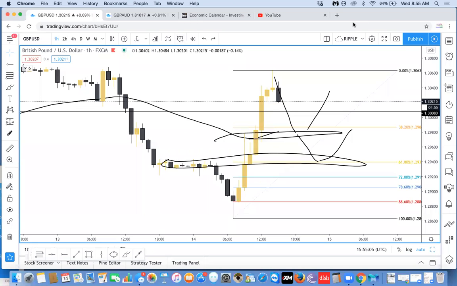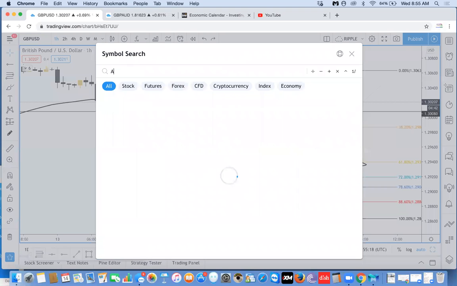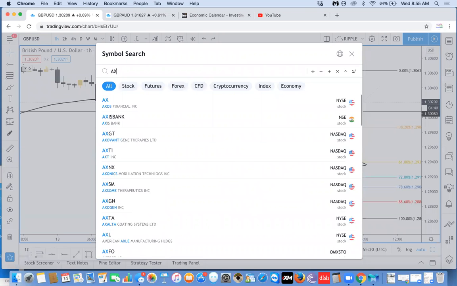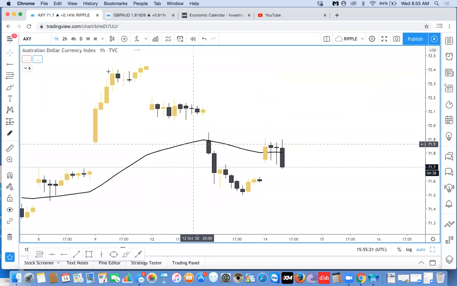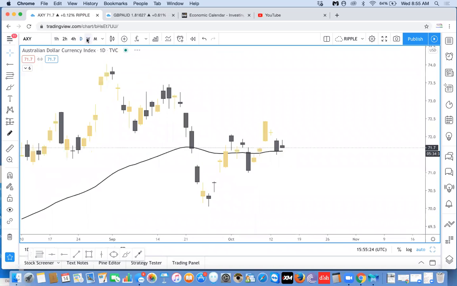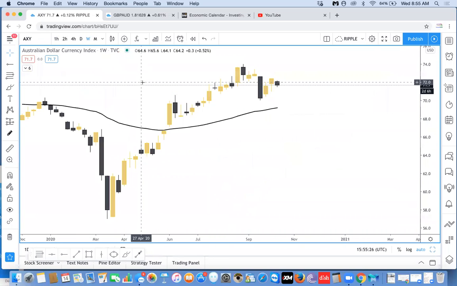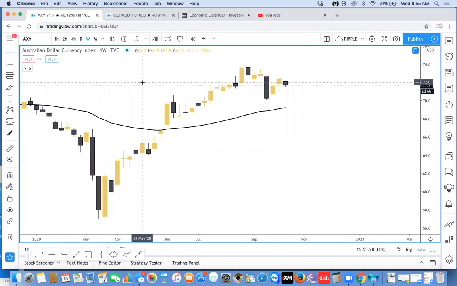The dollar index or what currency? Yeah, I already went over JPY and, yeah, I already went over these.